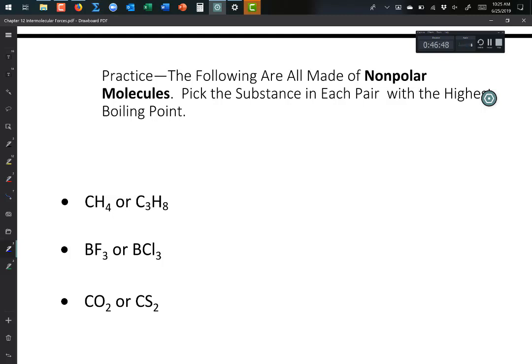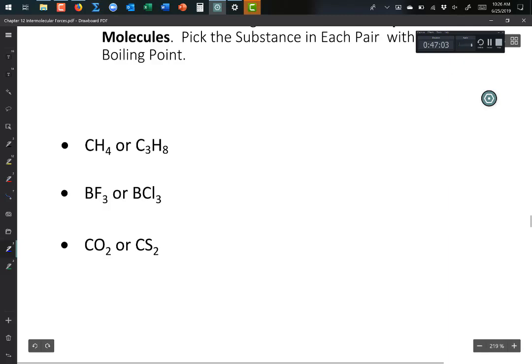All of these are nonpolar. First qualification. Pick the substance in each pair with a higher boiling point. And why? C3H8, why? It's heavier, got more mass.